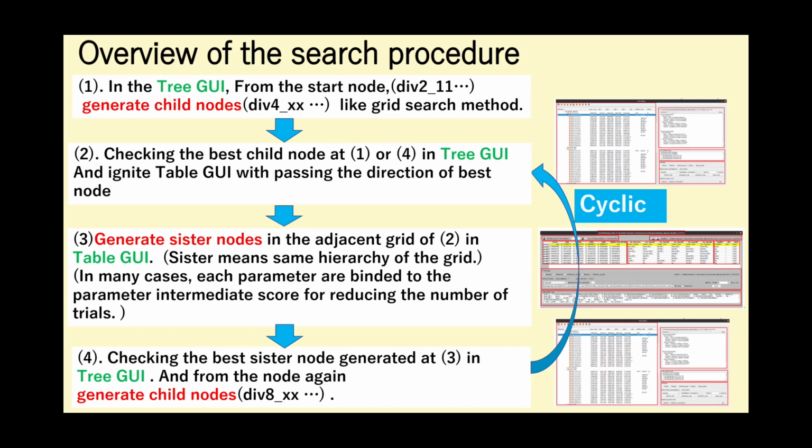Generate sister nodes in the nearby grid of the direction in the table GUI. Check the best sister node generated in the tree GUI, and from that node again, generate child nodes.